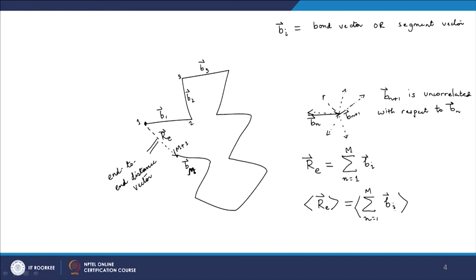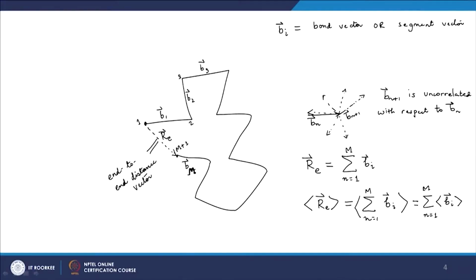So, since I am averaging over a sum, it should be the same as summing over the averages. It is like standard math at work here. So, I can write this as something like this, and now if I look at it, then these bond vectors, just like I explained, can be in any direction. So, if I look at different conformations, you will find that Bi has equal probability of being in this direction as being in the opposite direction, and that is true for all possible directions.